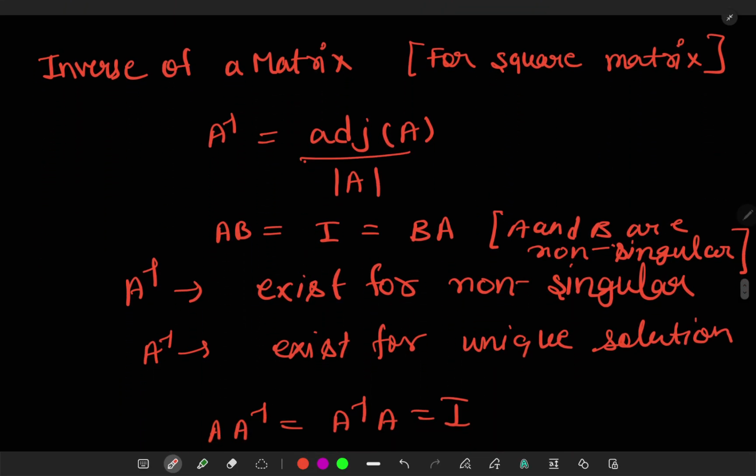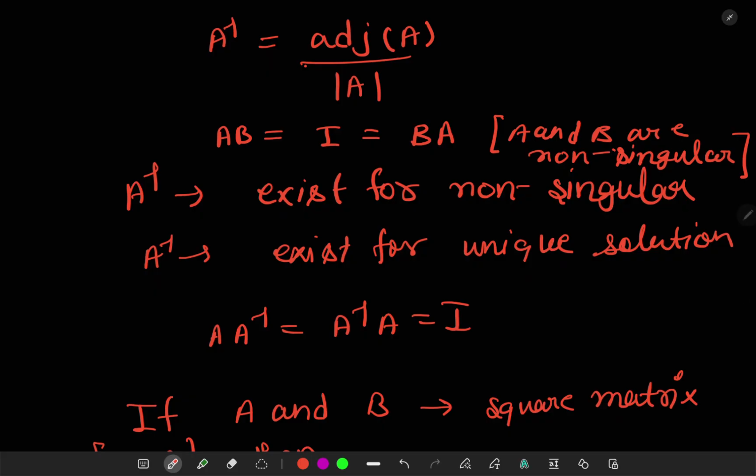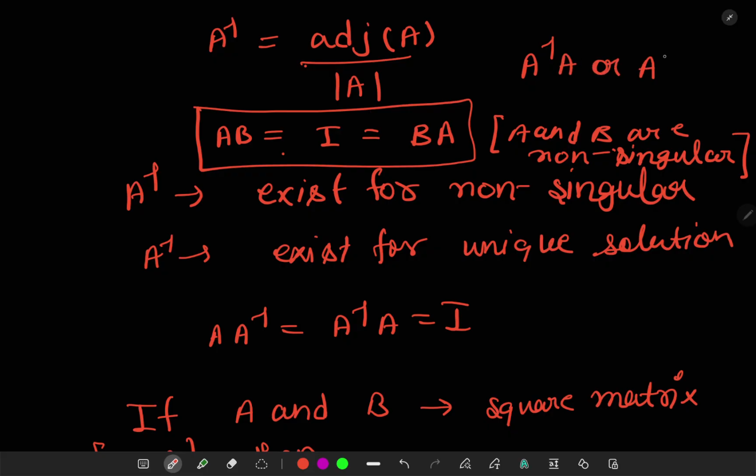Now, inverse of a matrix. For a square matrix, A inverse is equal to adjoint A divided by determinant A. If A and B are non-singular square matrices of order n into n and they are inverse of each other, then we can use this identity: A into B is equal to I. As we know, if we take A inverse A or A into A inverse, it is equal to I, identity matrix.